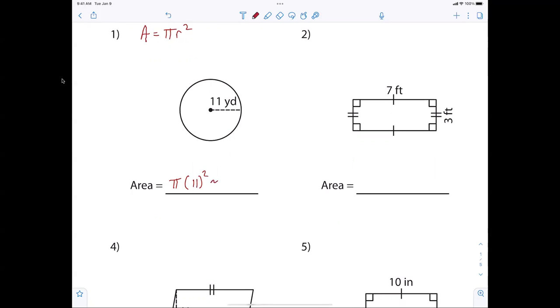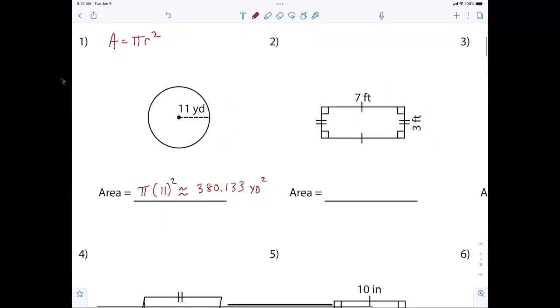And then we'll hit the approximate. 308.133. And then we say yards what? Yards squared. Again, guys, nice, easy week. Really easy.